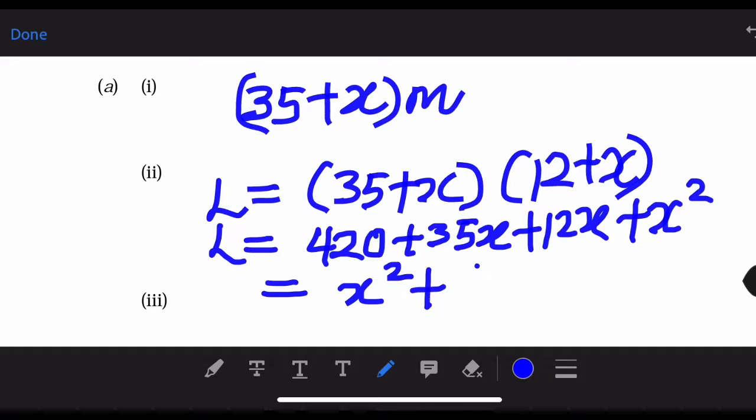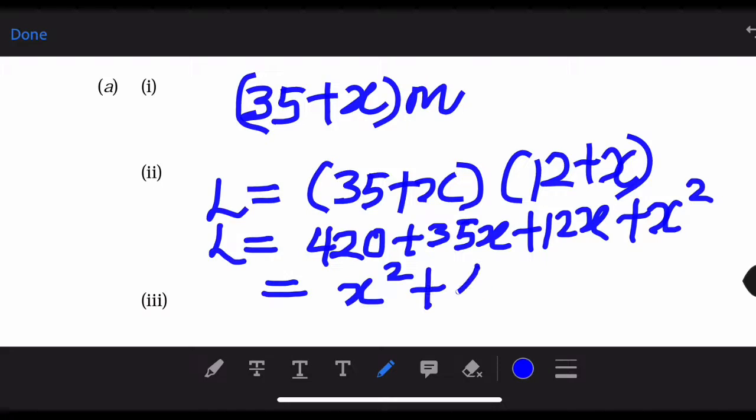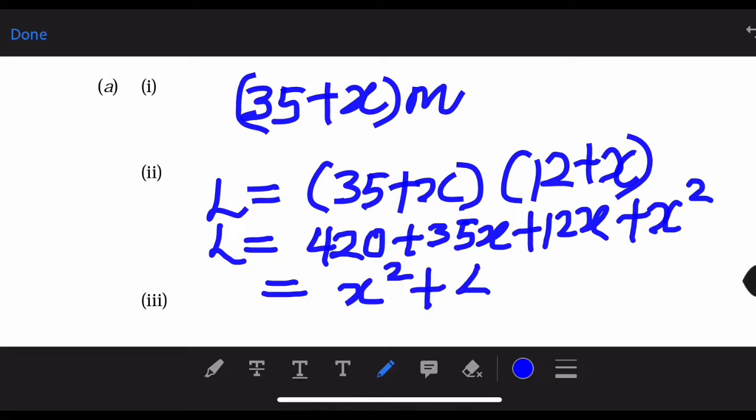So let's do it again. Okay, let's do it here. Let's write down the answer in order. Length of the fence is equal to 35 plus 5 plus 40 plus 13, which is 93 meter, right?